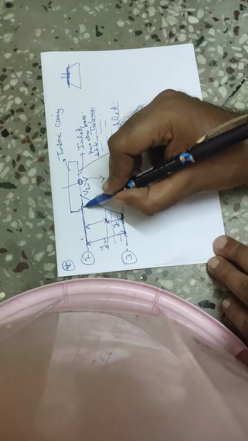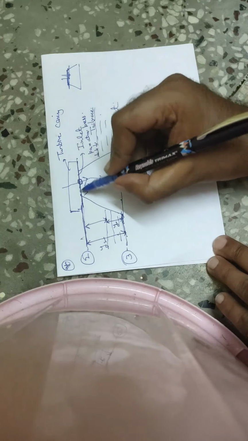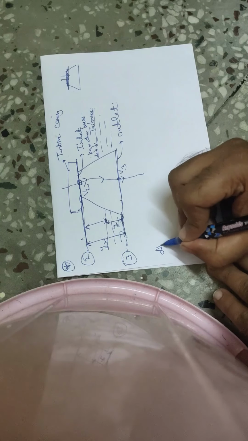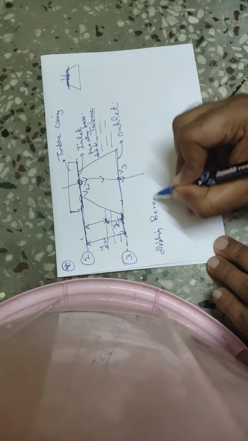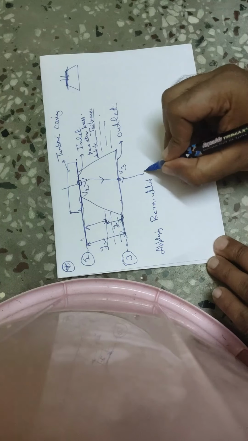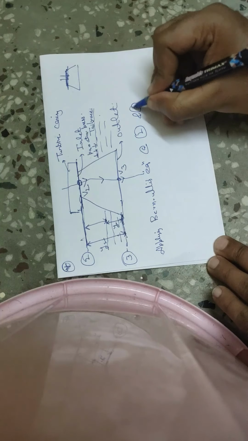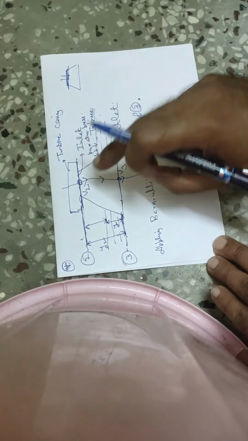Now we have to apply Bernoulli's theorem at this point and at this point. So first let's write: applying Bernoulli's equation at section 2 and 3. What is Bernoulli's equation?